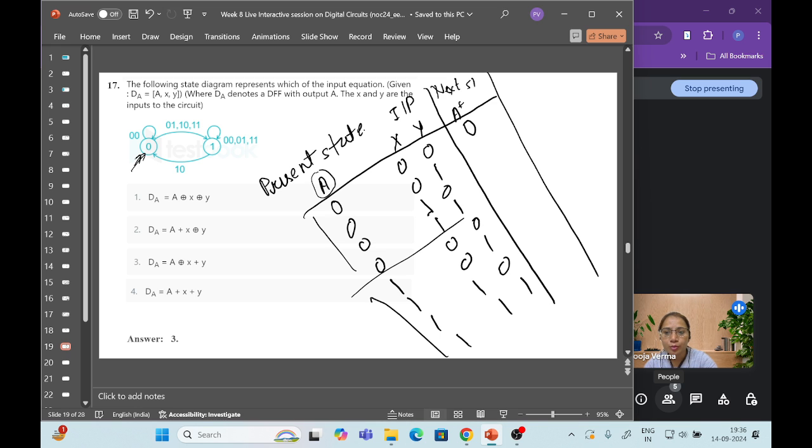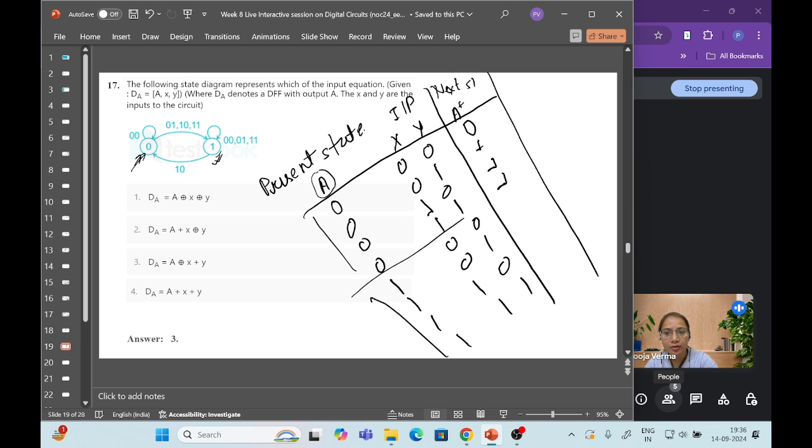Now, when we are in state 0 and the inputs are 0 1, 1 0, 1 1, where are we moving? We are going to the next state, that is 1. So we are going to the next state, that is 1, 1, 1. That is the next state. Now we are in the state 1, right?